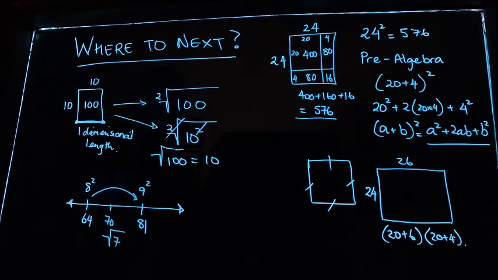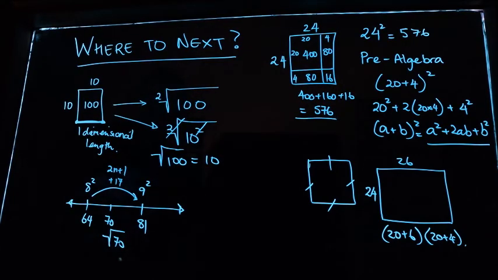root of 70, and I can use my knowledge of what I've just learnt, 2n plus 1. 2 times 8 is 16 plus 1, 17.